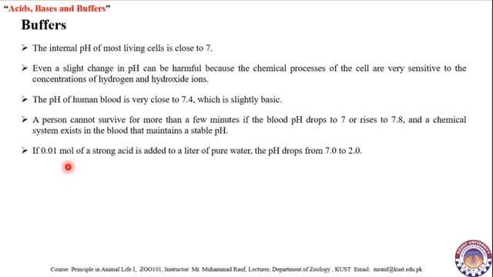Now, is there any system in the blood which helps to maintain a proper pH? How much can the addition of an acid deteriorate the pH? Here is an example. If 0.01 mole of a strong acid is added to a liter of pure water, the pH drops from 7 to 2.